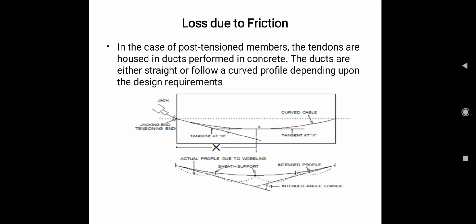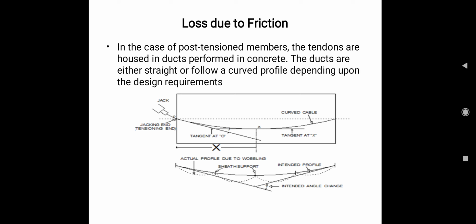In post-tension members, the concrete will be already casted, and for the passage of these cables, the ducts are inserted in the concrete during the construction. So the cables or tendons are allowed to pass through these ducts.